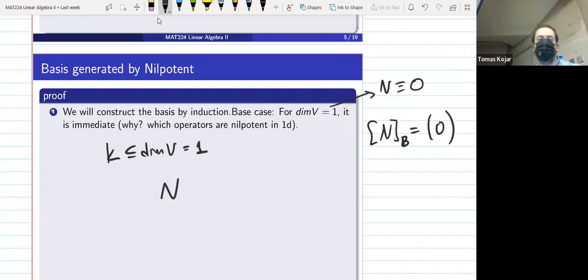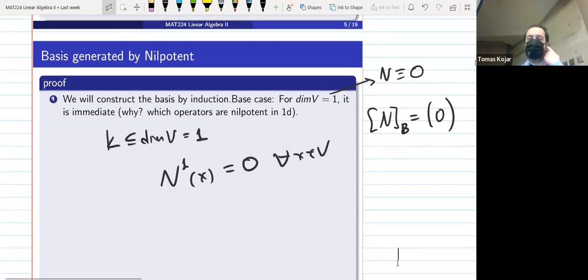And so N^1 of x is 0 for all x. That's what happens when I ask a question. I have the proof in my head, but I don't like the answer because I want you to answer it. But then I forget the answer, and now I have to recall it. We proved that in class.